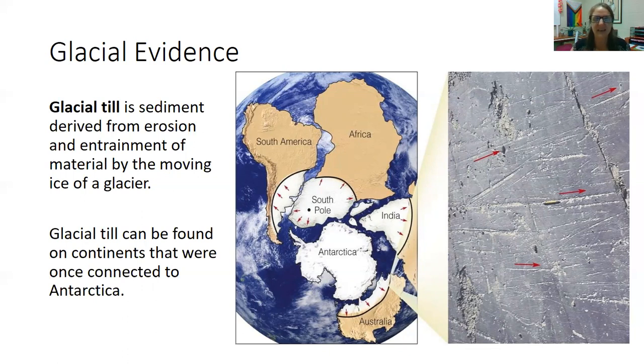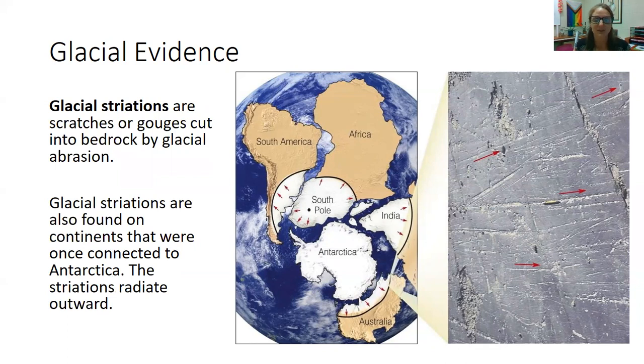So we can see that material that they pushed in front of them, which we call glacial till, on many different continents. And it looks like there was a huge ice sheet that was on South America and Africa and India and Australia and Antarctica. So we see evidence of glaciers on all of those continents, kind of like they used to fit together into one.